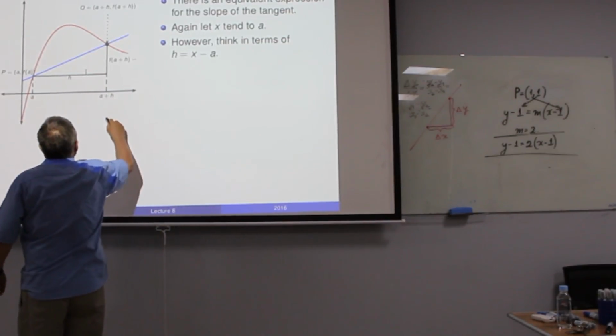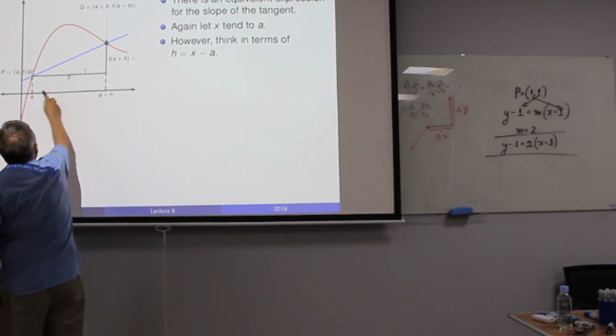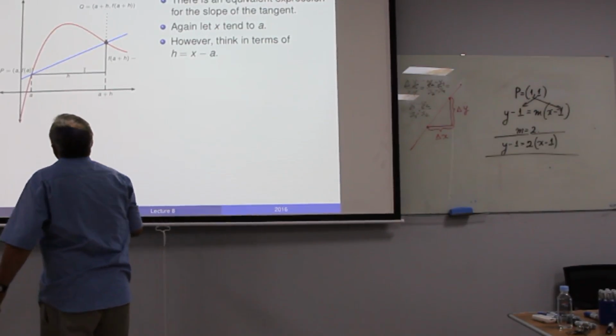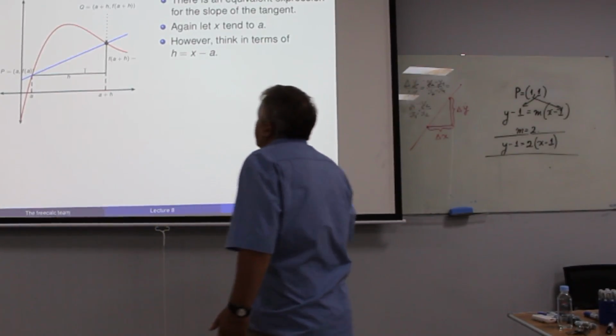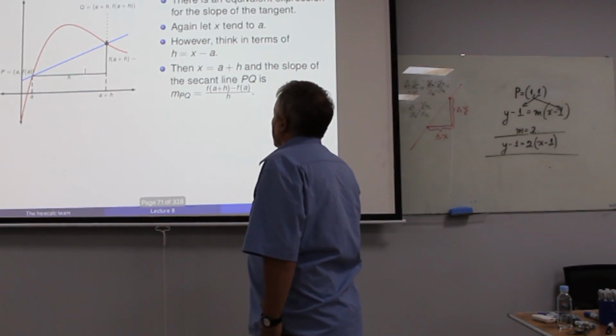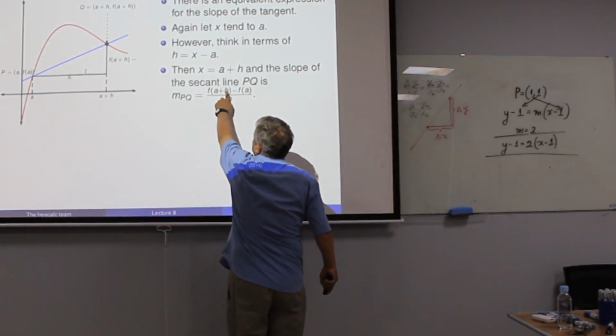Here is our x, and x minus a, this distance from here to here, we are going to call h. Now, x becomes a plus h. So here instead of x, we put a plus h.